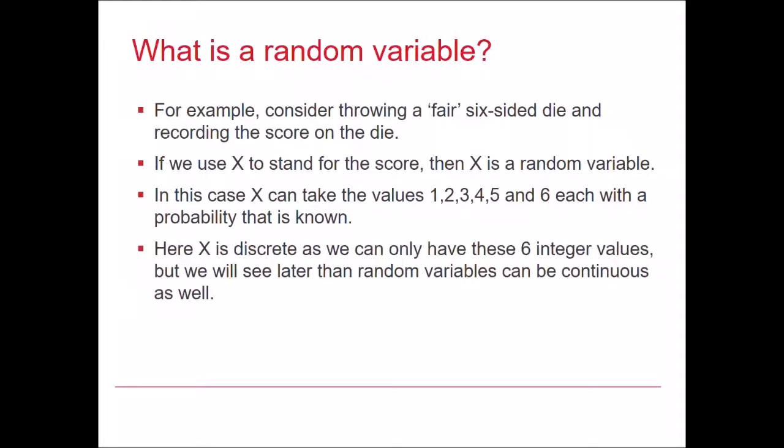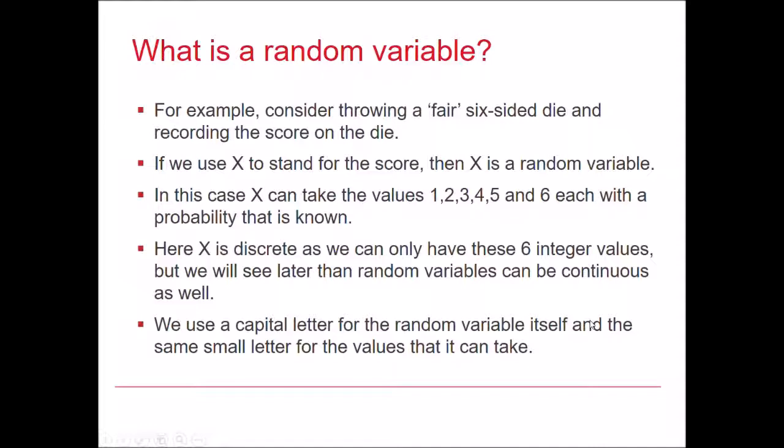We consider this variable to be discrete because it can only have these 6 integer values, not ones in between such as 1.5 or 2.9 or anything outside of it like 7.2. Later on we will look at continuous random variables as well.